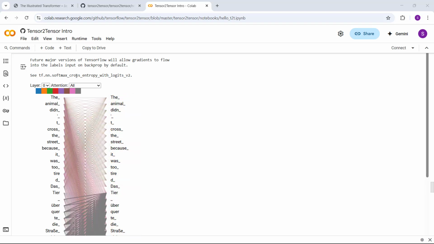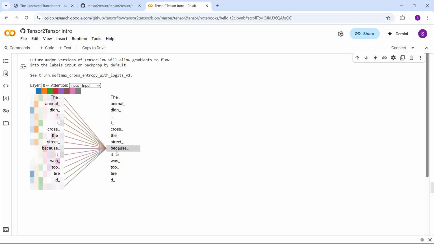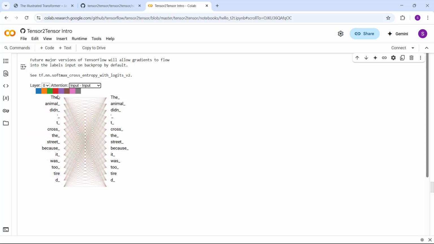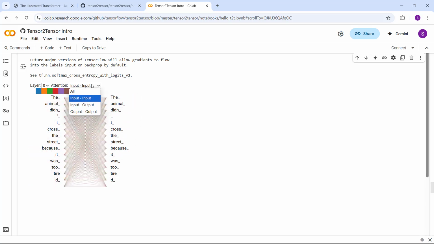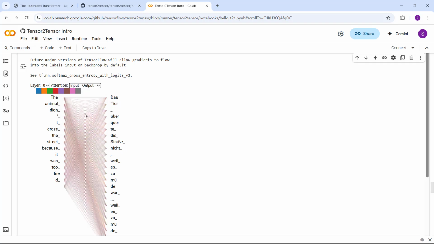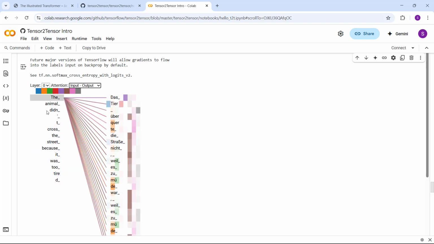If you see here in the attention, you have input-input, input-output, and output-output. Input-input means encoder self-attention, that is each word with respect to each other word, the relationship between each English word and each other English word. Input-output means encoder-decoder attention, that is English to German.